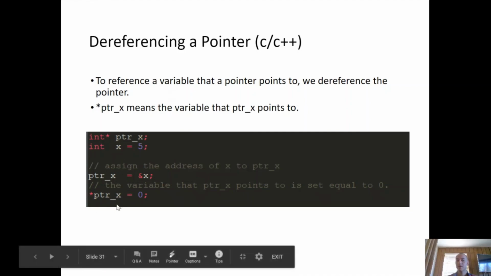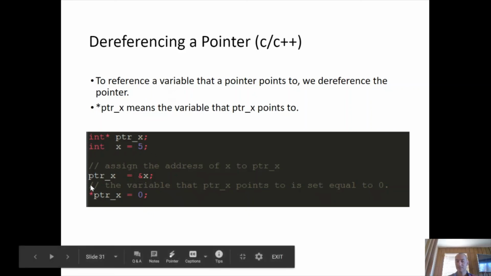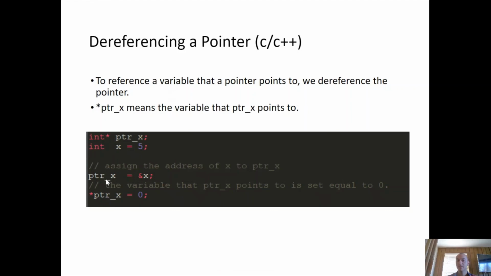You are getting that address, getting that variable, and dereferencing that. So now you are pointing to x, and when you set 0, you are setting x to 0. If you didn't have this star, you are setting the pointer to 0 itself. So you would lose that connection.